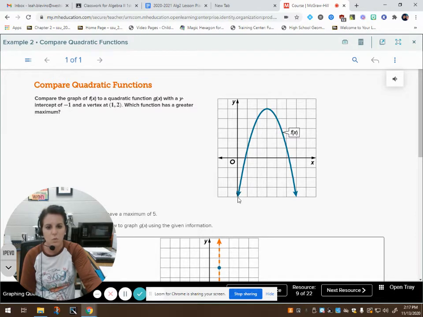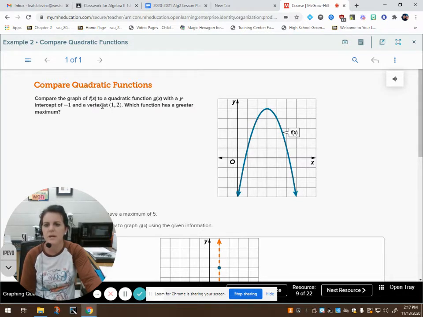I know that there's a y-intercept of, it looks like, -4. I also know that it crosses the x-axis here, so these are my solutions to this quadratic function, and the vertex can be found here at 3 over and 5 up. So I know a lot of things about this function right now.